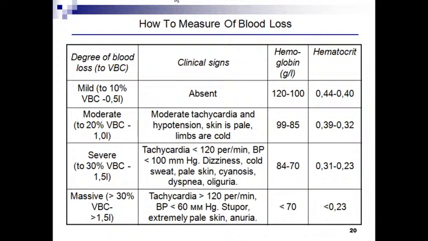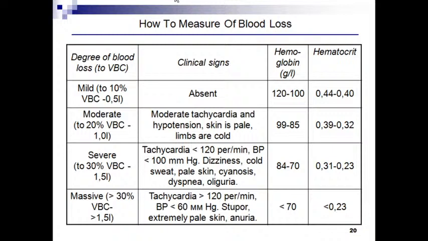For example, if the clinical signs are absent, but hemoglobin is reduced to 100 grams per liter, and hematocrit is slightly below normal, 0.44 or 0.4, it means mild bleeding, up to 10% of circulating volume.